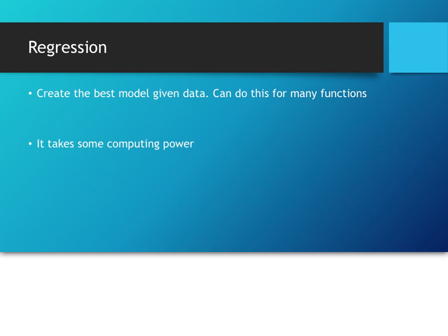We're going to skip some of the in-depth statistics that you would go into in a really high-level math course, and we're just going to say it takes some computing power. If you have a TI-83 or a TI-84, there's a lot of regression built into the statistics portion of those calculators. But that's not a requirement for this class.